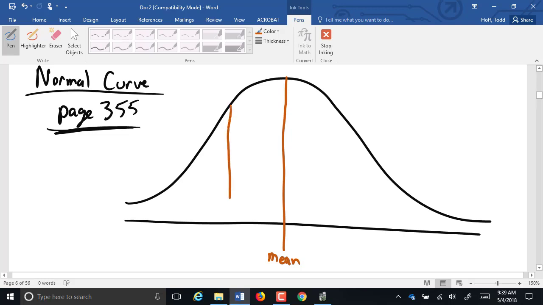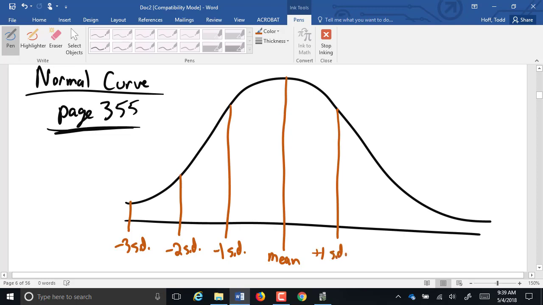Then we go out in steps of a standard deviation. So this is -1 SD, where SD is standard deviation. -2 standard deviations. -3 standard deviations. Now we're going to come back and put some numbers in there in just a minute. We can go the other direction as well, going above the mean. +1 standard deviation.